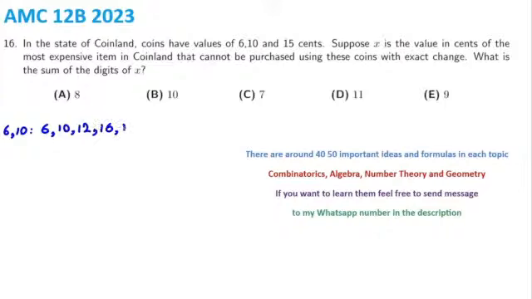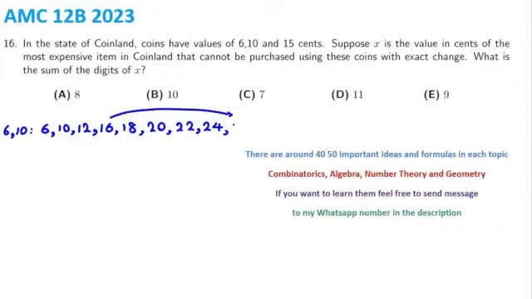Then we can create 18, 6 plus 6 plus 6, 20 with 10 plus 10. And then 22, 12 plus 10. For 24, we can use 4 sixes. For 26, 16 plus 10.